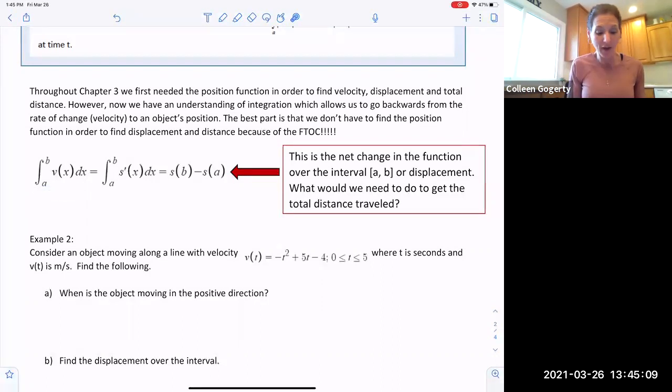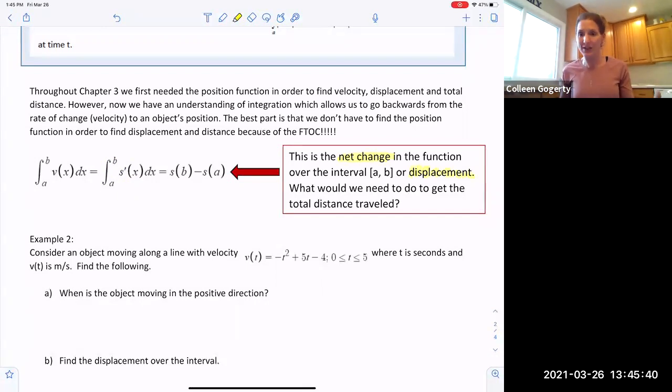If I integrate velocity, then I am integrating a rate of change. The fundamental theorem of calculus will apply, and the integral and the derivative cancel. If we want the net change, here's that change word again, the change in the function, otherwise known as displacement, I can just go straight to S of B, the position at B, minus the position at A.